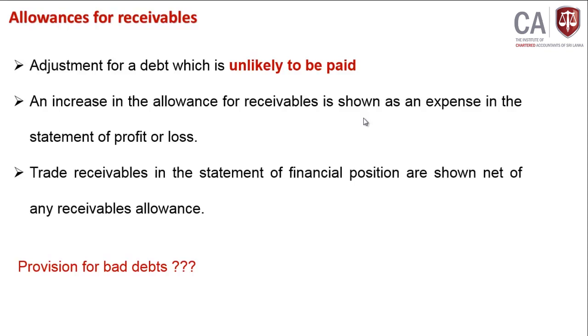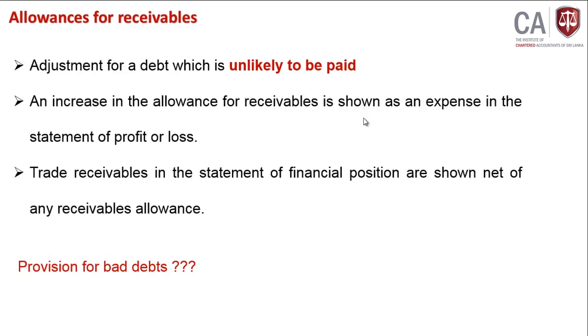Here, provision for bad debt. To be a provision, is it an obligation of the entity? No, it is a receivable, not an obligation. Therefore, the use of the word provision is completely wrong. Don't say provision for bad debts. This is not a provision.